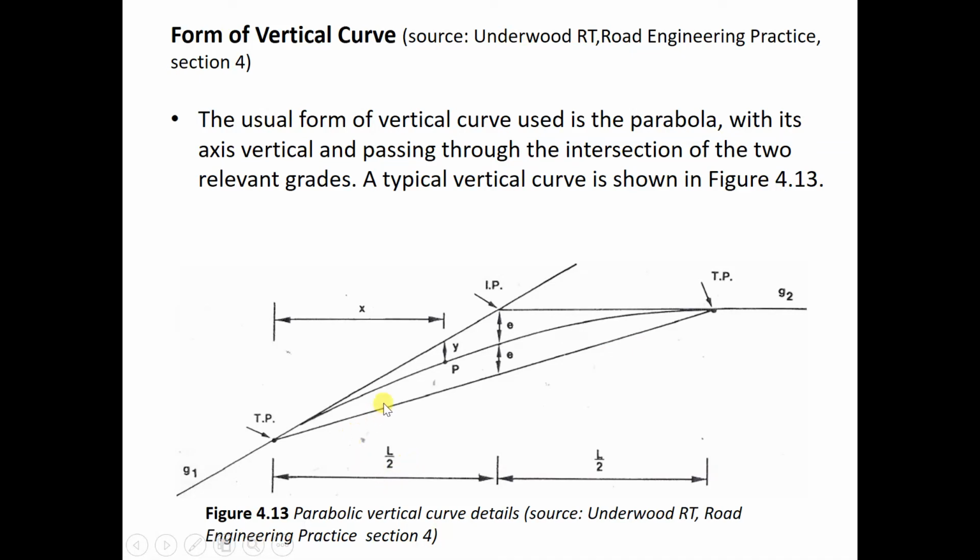We measure the distance from the first point of tangent. We start from here at 0, and then we measure the horizontal distance, which is x. The vertical distance, how much it goes up from the parabola to the tangent, is y. At the apex, the highest point, is e. These two distances are the same.